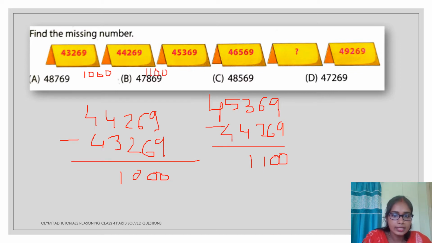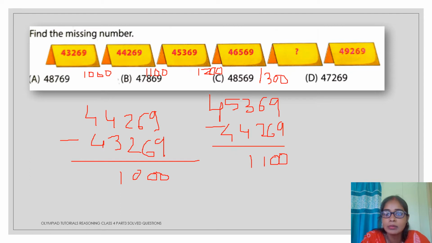So we saw that the difference is increasing by 100. First it was 1000, then 1100. If you look at the next numbers, you will see the difference is 1200, and for the next the difference is 1300.